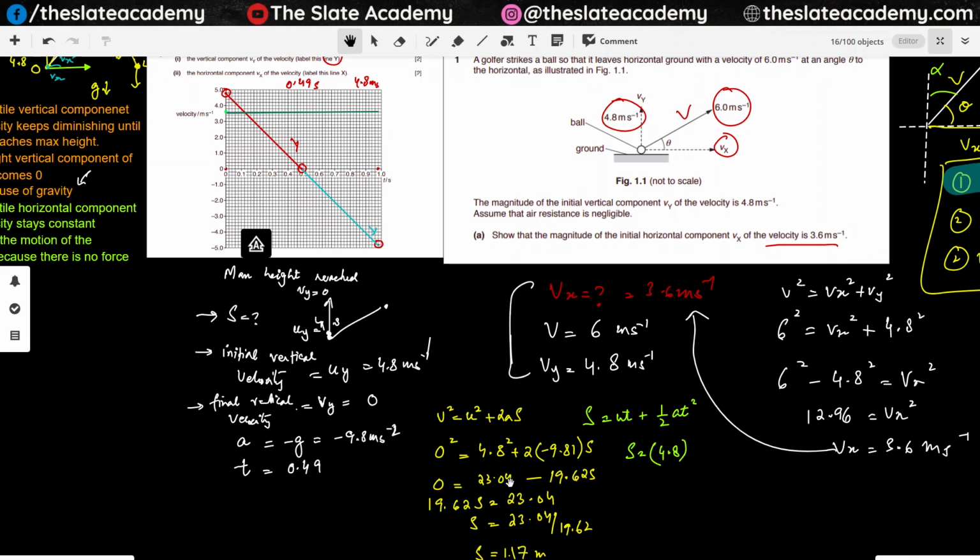What is t? 0.49, plus 0.5 into minus 9.81 into 0.49 squared, right? From this one also I'm getting the same answer, 1.17 meters. This is just to show you whichever equation you use, you will get the same answer.